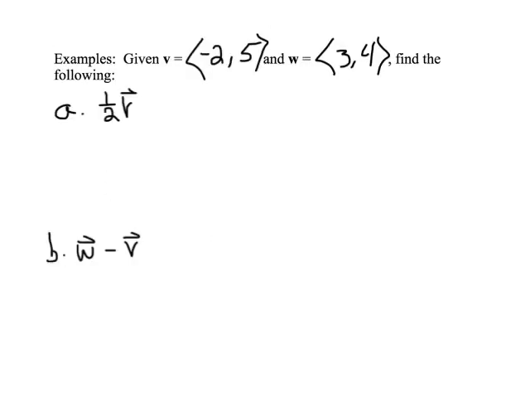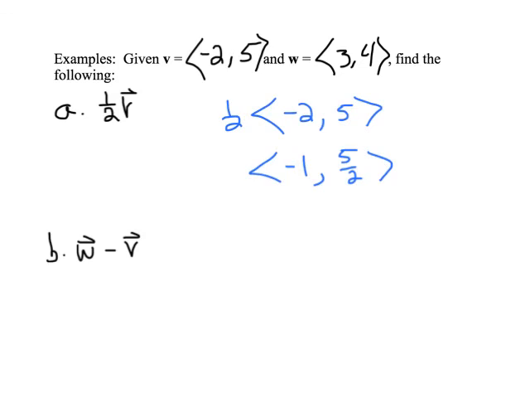So we're going to finish this lesson up with just a couple of examples, and then we'll follow up with classwork or examples in class. I have my two vectors here. I've got v is <-2, 5>, and w is <3, 4>. I want to find 1/2 v. Well, that's equivalent to just distributing 1/2 through that vector v, 1/2 times those two things. That gives me <-1, 5/2>.